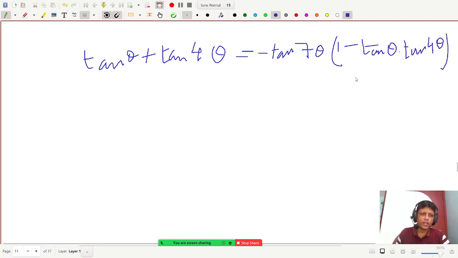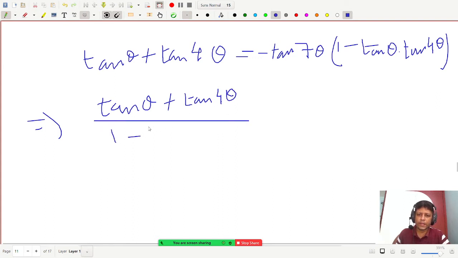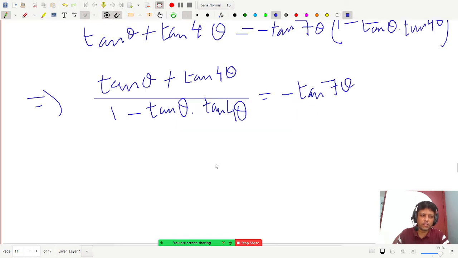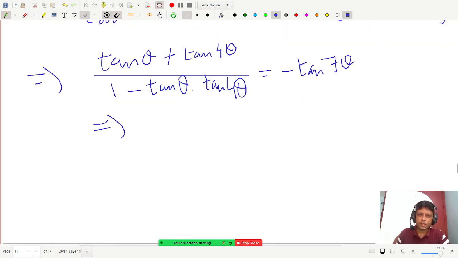Now if you cross multiply, that is, you take this one to the denominator, you have tan theta plus tan 4 theta over 1 minus tan theta tan 4 theta. That is the usual compound angle form, and you have minus tan 7 theta on the right. So you can write it in reverse order.